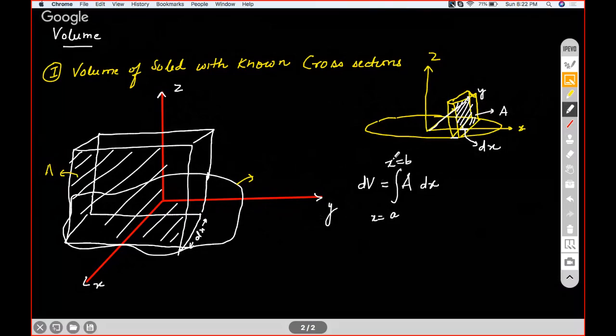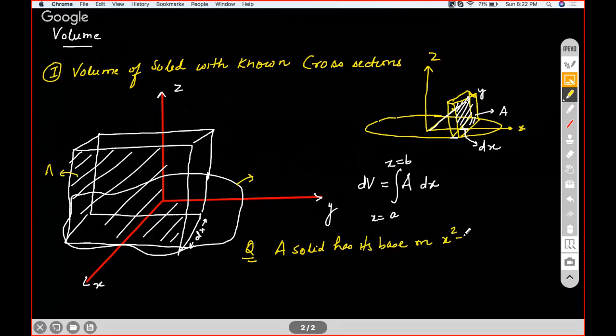Let me give you an example, the same example of this question. Listen to this question. A solid has its base on the circle x square plus y square is equal to 9.